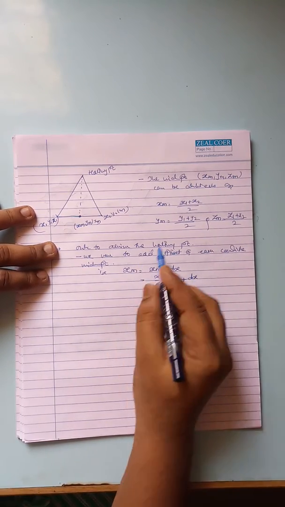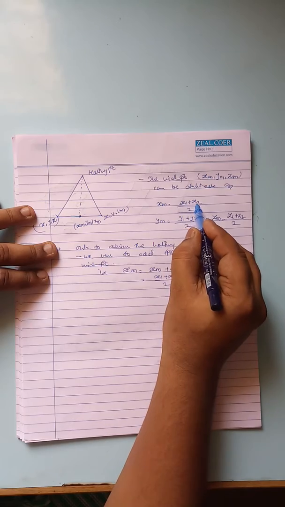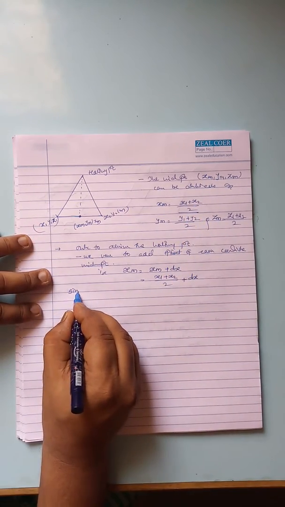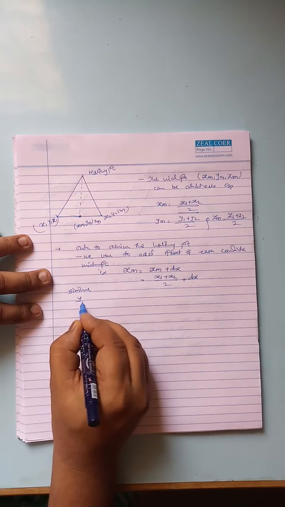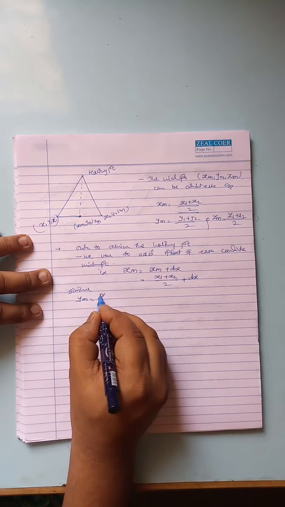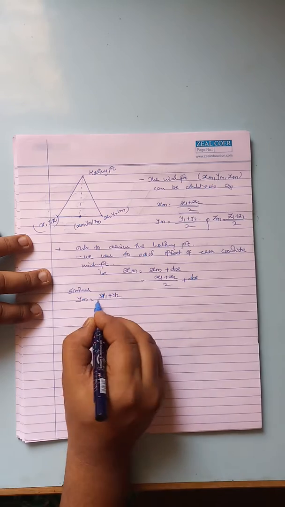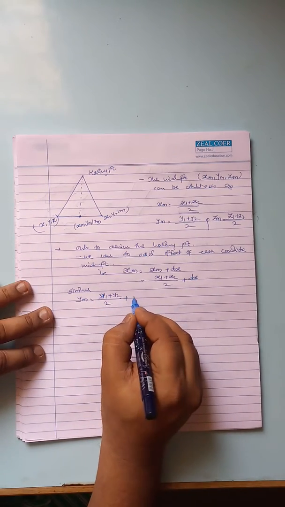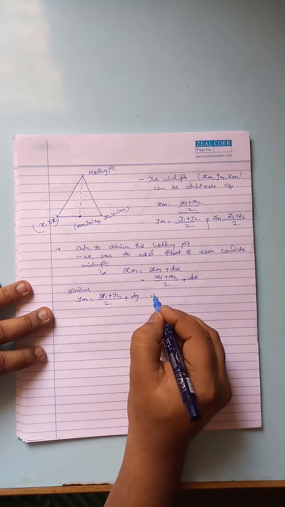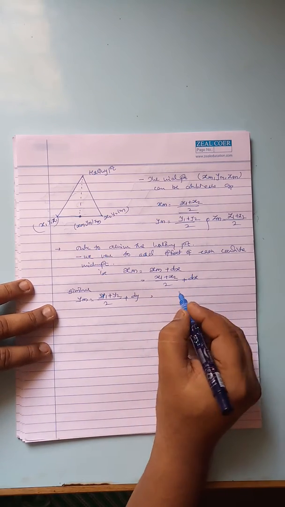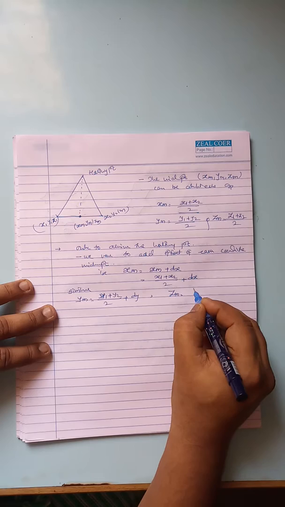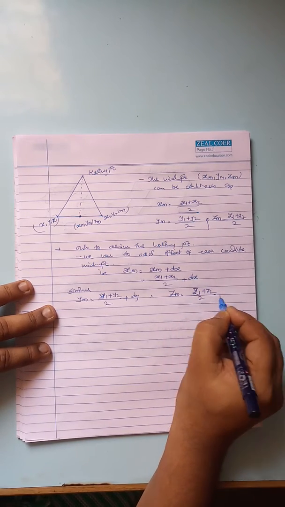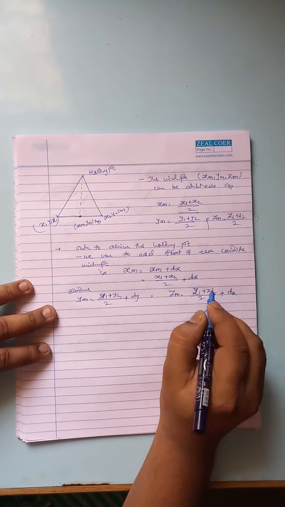Similarly for ym, y1 plus y2 divided by 2 plus dy. Then zm is z1 plus z2 divided by 2 plus dz.